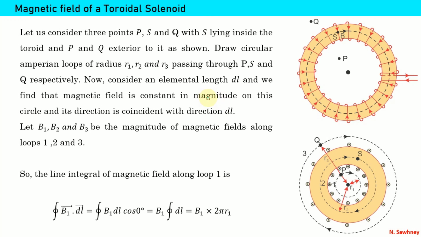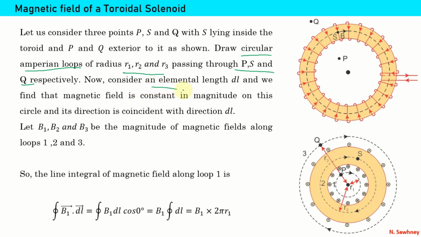So for this, as we have considered 3 points, we draw circular Amperian loops of radius R1, R2 and R3 passing through these points P, S and Q. And by symmetry, we are aware that the magnetic field on these Amperian loops will be the same throughout.